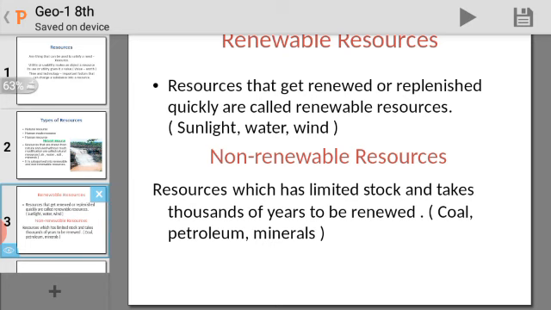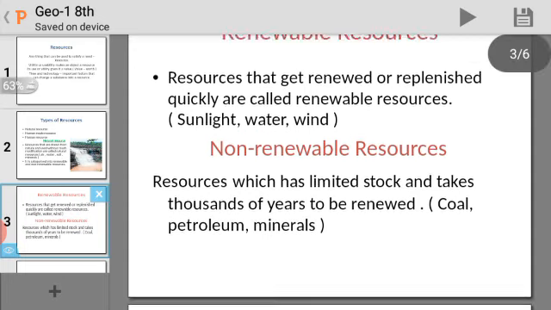Then the next one is non-renewable resources. Non-renewable resources in the sense the resources which have a limited stock and take thousands of years to be renewed.